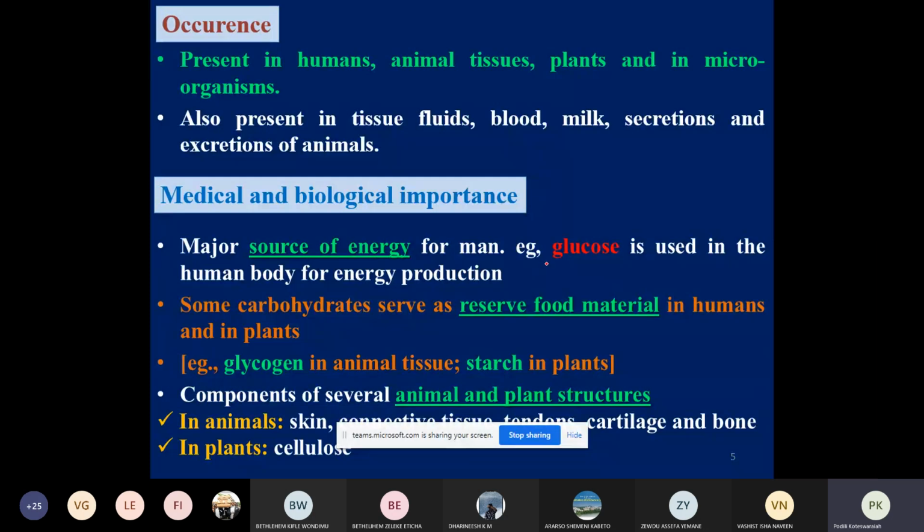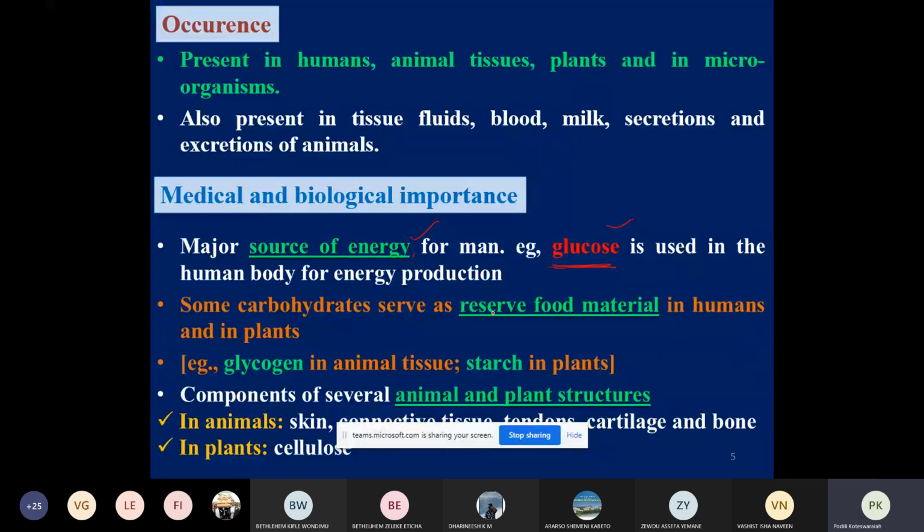Coming to their medical importance, carbohydrates are the major source of energy, especially glucose. Especially the human brain uses only glucose as the major metabolic fuel because of the presence of the blood-brain barrier.